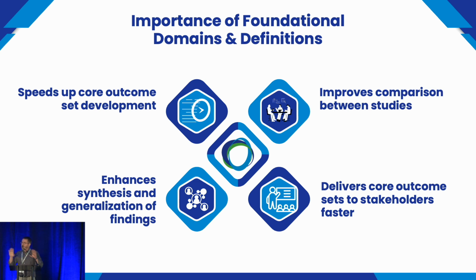And these are broadly applicable concepts across diseases. It'll improve our ability to compare things across studies. If we are using the same domain definition, it may also accelerate our ability to identify instruments that reflect that concept that could also be used across different core sets.